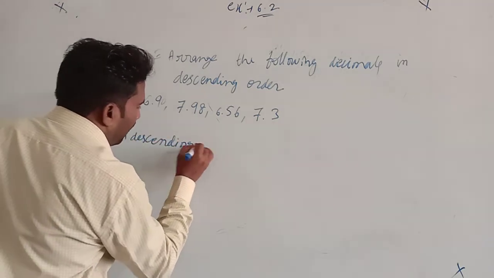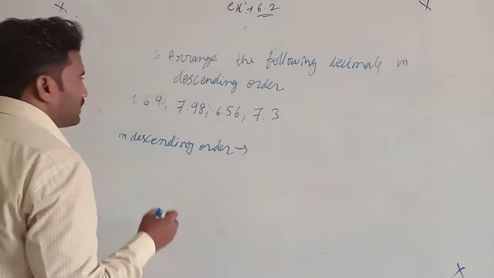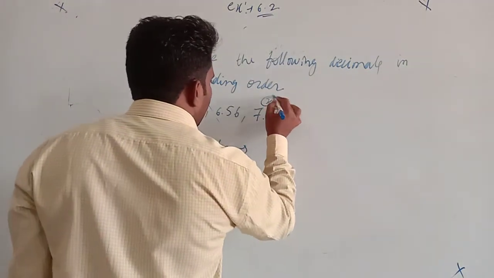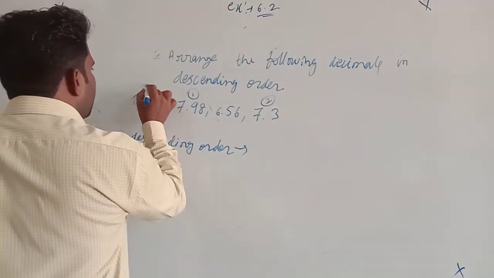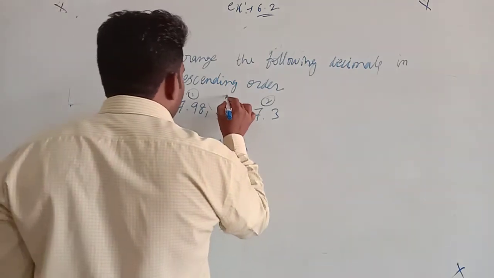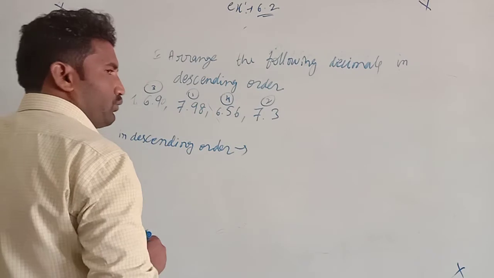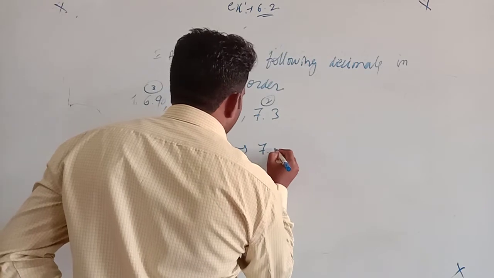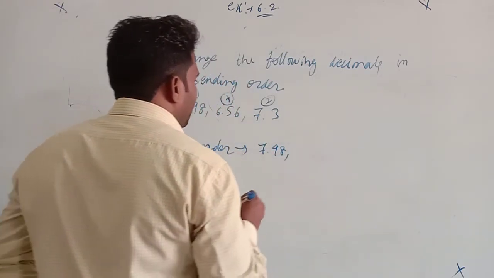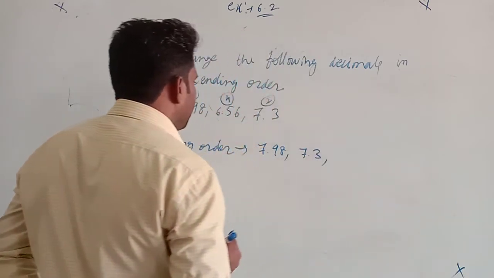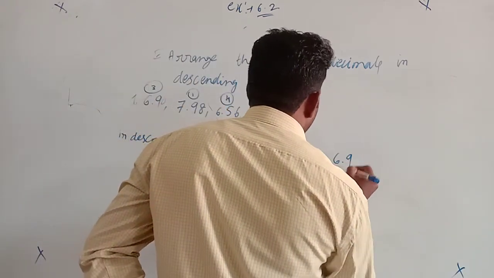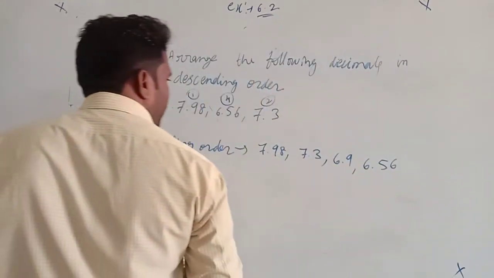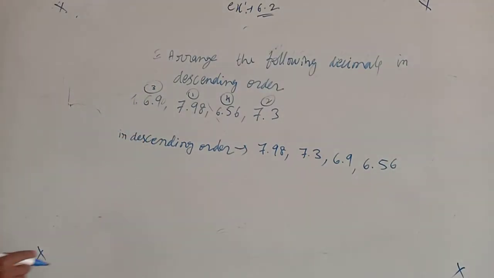So first greatest is 7.98, second greatest is 7.3, third greatest is 6.90, and fourth, last smallest, is 6.56. So 7.98 is greater than 7.3. 7.3 is greater than 6.9. 6.9 is greater than 6.56, and 6.56 is smaller than all three numbers.